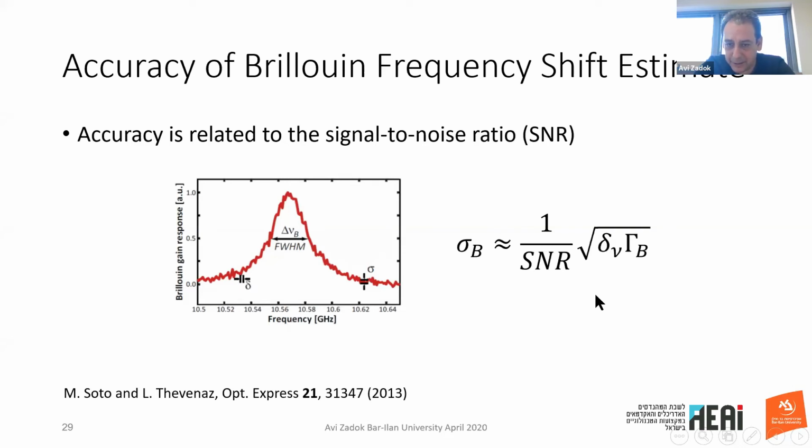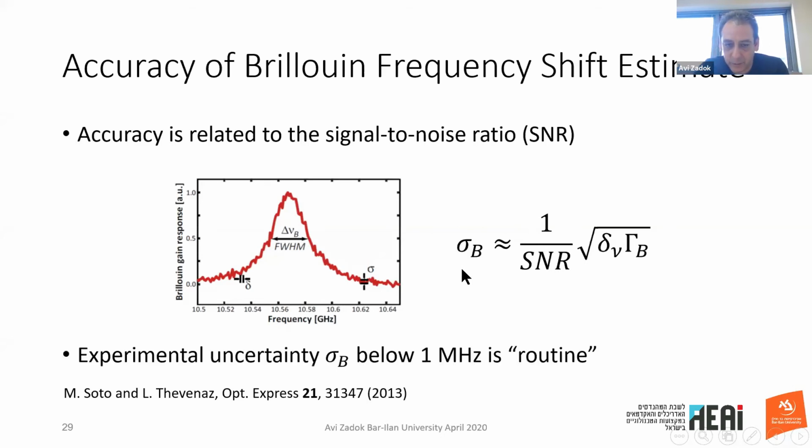And this simple relation predicts what is the SNR we need and what is the step in frequency that we need in order to reach a target experimental uncertainty. What do we typically get? Again, 1 megahertz uncertainty is a benchmark for good work. We can do better, sometimes we do worse, and it's all a question of SNR. And the derivations can be found in this paper.